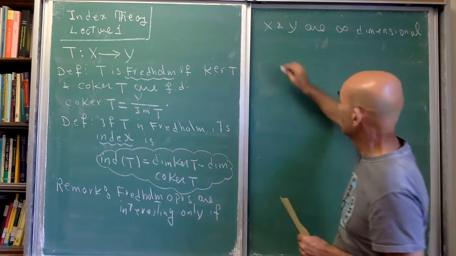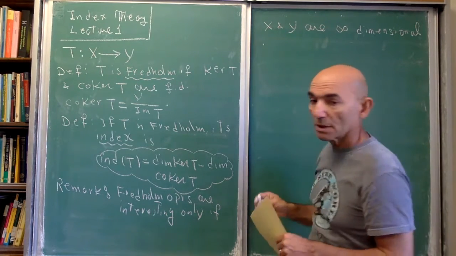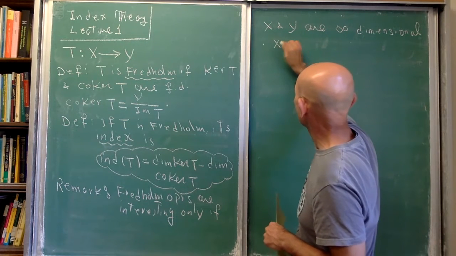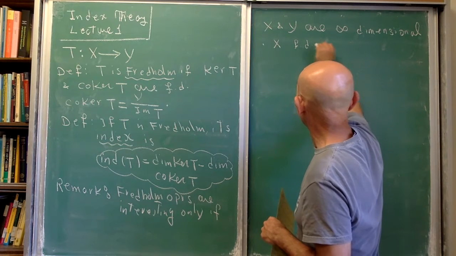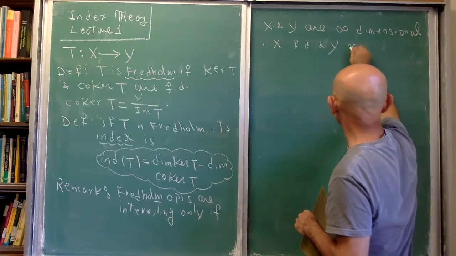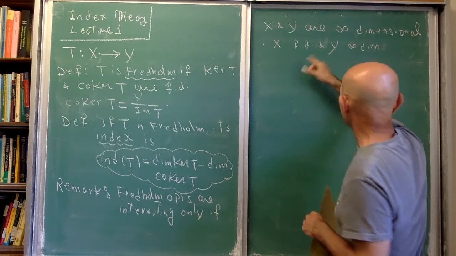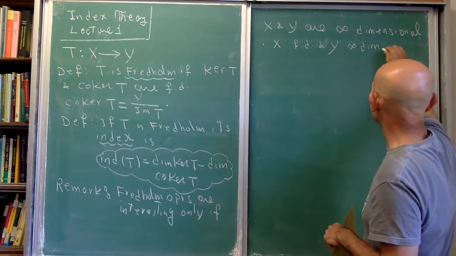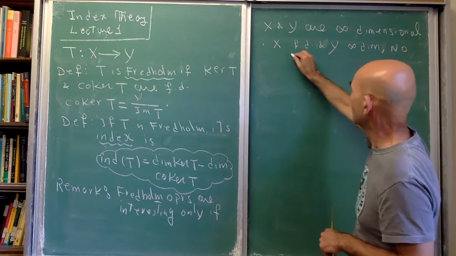In fact, you can easily prove for yourself that if X is finite dimensional and Y is infinite dimensional, in that situation, there is no Fredholm operator from X to Y.